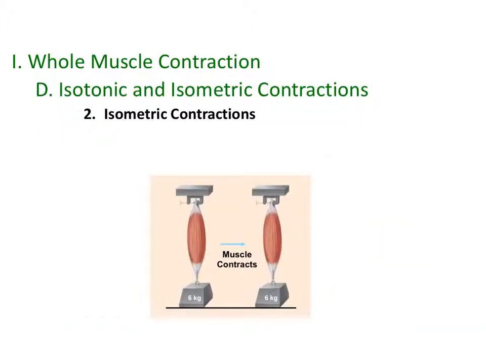The other type of contraction that our bodies produce is called isometric contraction. Isometric contractions are ones in which the load is greater than the maximum tension that can be generated. Load greater than tension, and so there's no movement. When this happens, the muscle is generating tension, but it is not shortening and it's not lengthening.